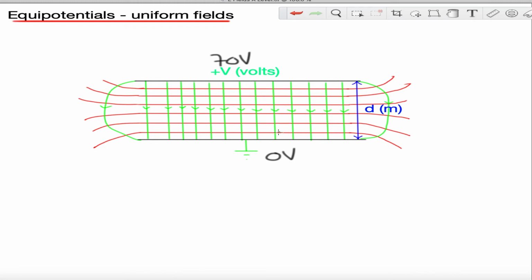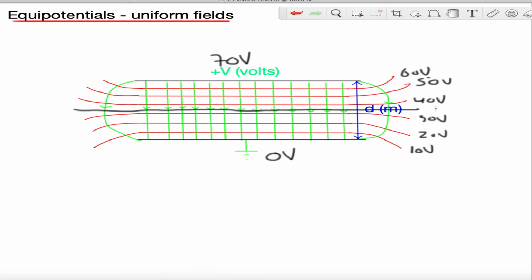And I've chosen my values of plus V here, 70 volts, so that I can say I've got 0, 10 volts, 20 volts, 30 volts, 40 volts, 50 volts, 60 volts, and 70 volts. And so in the middle here, I would expect another equipotential, my apologies for that not being absolutely straight, of 35 volts.